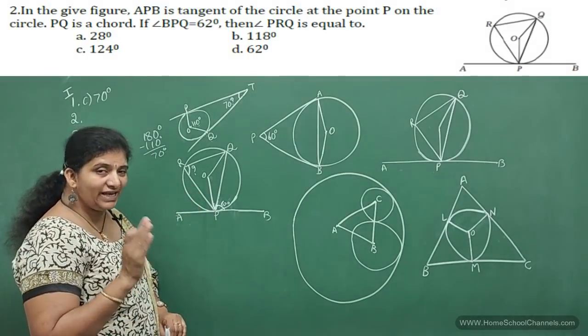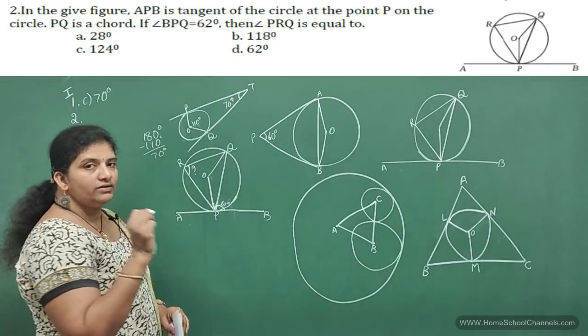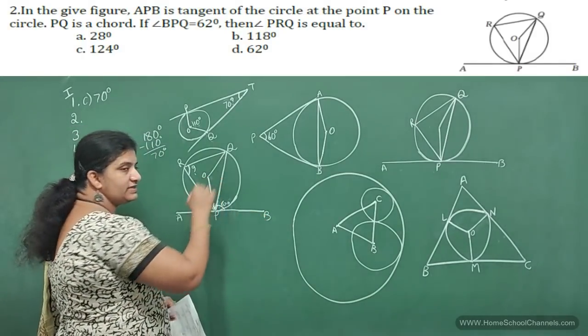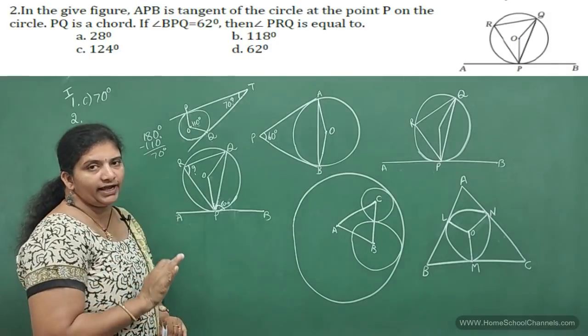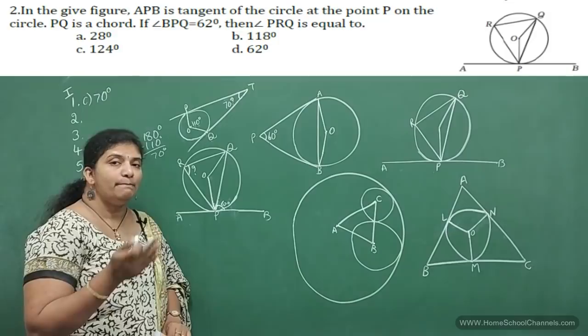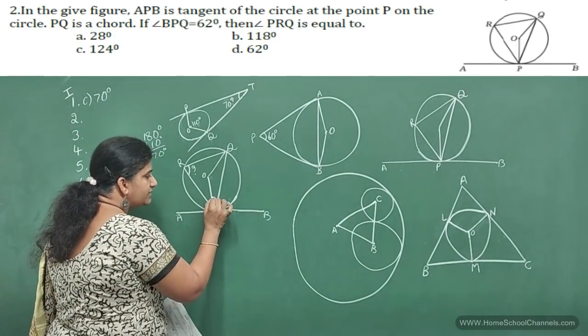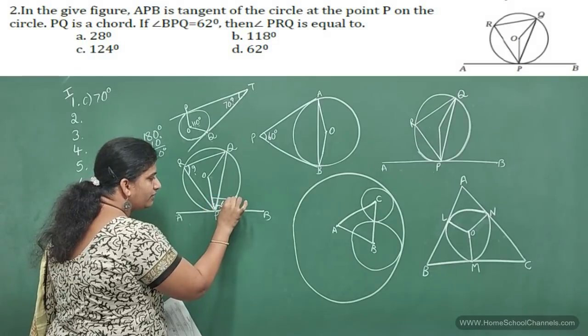So first we remember, if B is an external point, the tangent drawn to the circle through the point of contact is always perpendicular. How can I say this? By theorem. So from here, observe carefully.